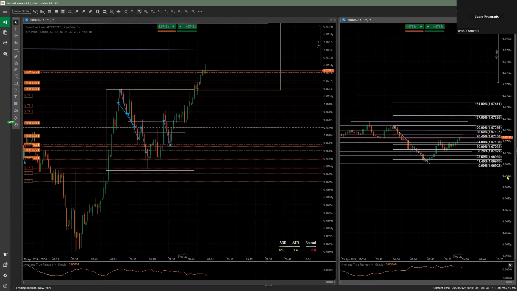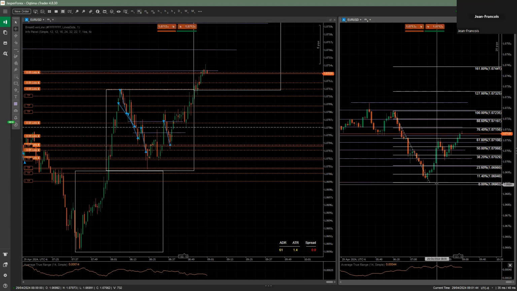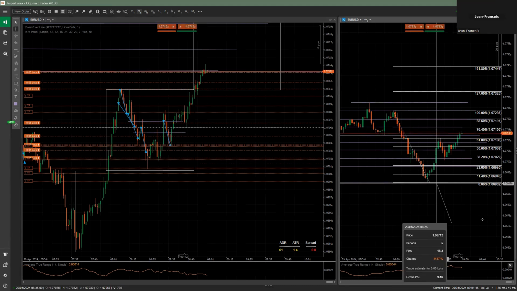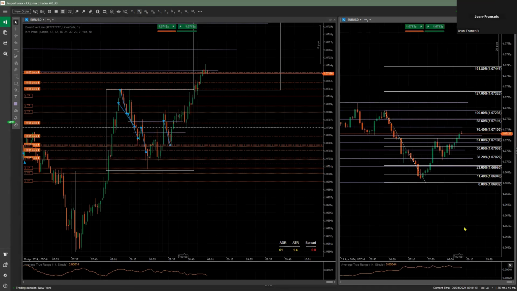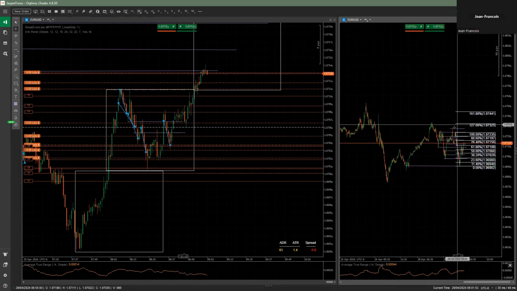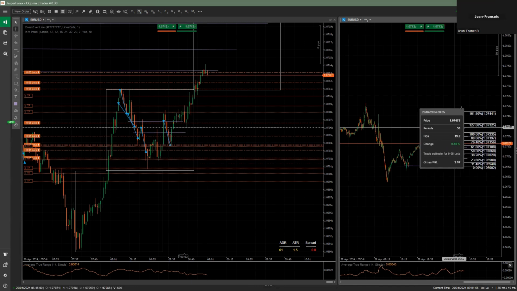Targets on both sides. 670 on one side, so drop below the low, maybe 2 boxes, brings us to 670. And if we make a higher high, 2 boxes, brings us to 750.